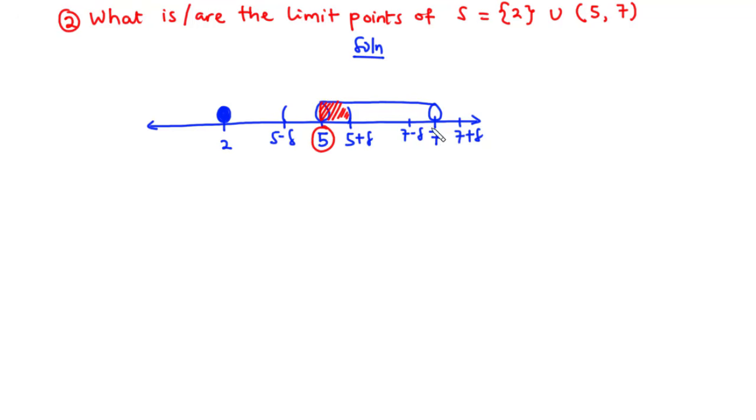which means that 5 is a limit point of S. Now the same applies to 7. This is going to be the region of intersection of 7 minus delta, 7 plus delta, and S. So since we have infinitely many points within this region, it means that 7 is also a limit point of S. And for that matter, all the interior points are limit points of S. Therefore, we know that the limit point of S at this stage in our solution is the set of points between 5 and 7, including 5 and 7 themselves.